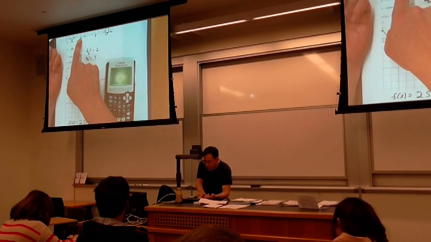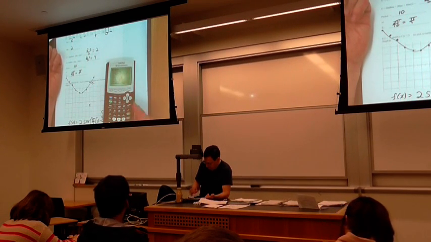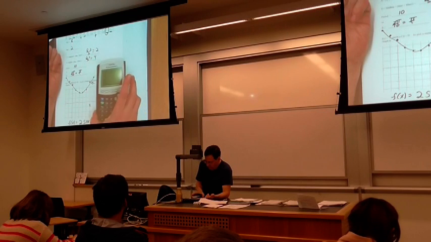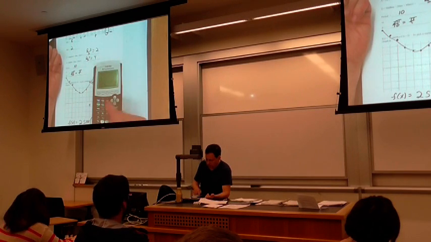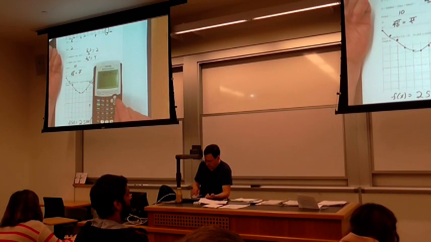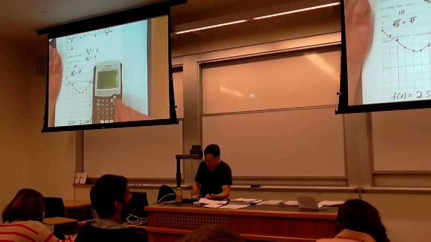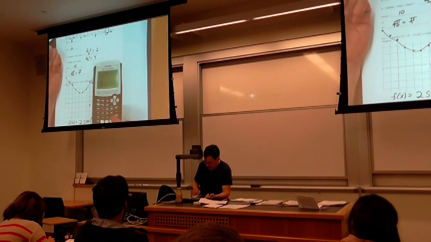It's 6, so let's think 8. And let's see what the graph looks like. Oh, we forgot something, didn't we? That doesn't make sense. Oh, because I put the parentheses in the wrong place. There we go.